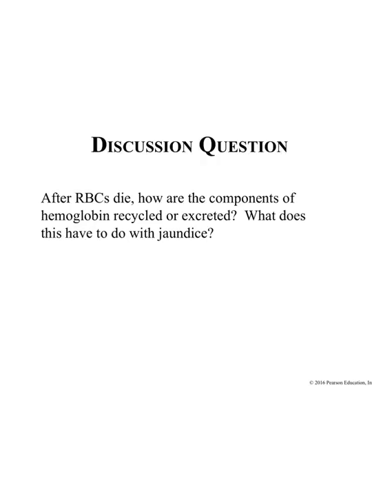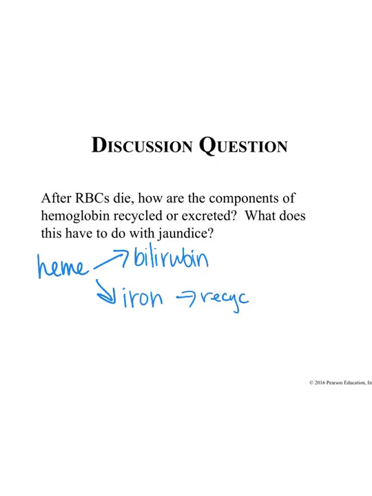After red blood cells die, how are the components of hemoglobin recycled or excreted? So remember, the heme is going to get broken into the biliverdin, which eventually becomes the bilirubin, which is going to go to the liver and become waste products and part of bile. Also, you have the iron components, which are going to be recycled, along with making up the hemoglobin.